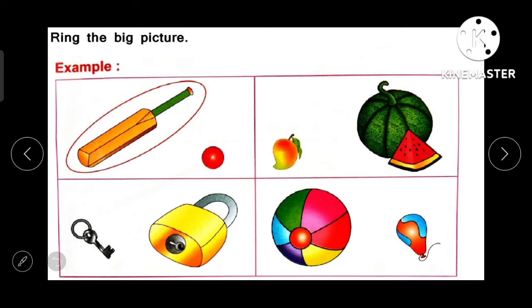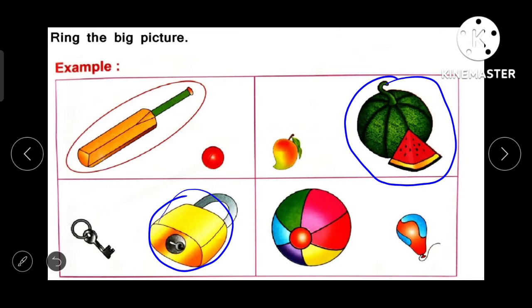Here what we have to do, ring the big picture. In the first one given to us, bat and ball are compared, and the bat is bigger in size, so the circle is drawn on the bat. Now here this one is big. When we compare watermelon with the mango, then watermelon is big in size. Lock and key, lock is bigger in size.